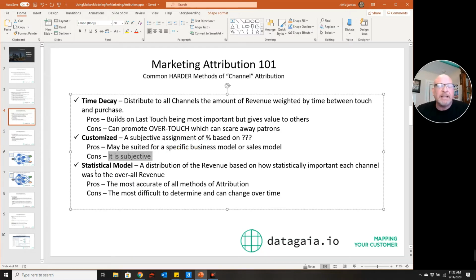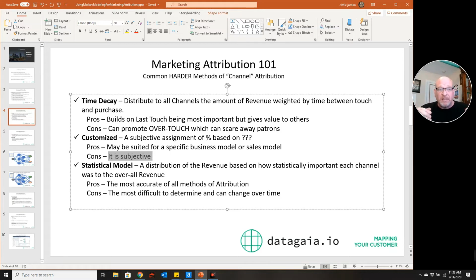All right. The most accurate way is through a statistical model. Okay. A statistical model looks at all the sales. It looks at the order of the sales and all that, and it will use statistics to work out the probabilities of each of the channels contributing to your total sales. It is by far the most accurate method.